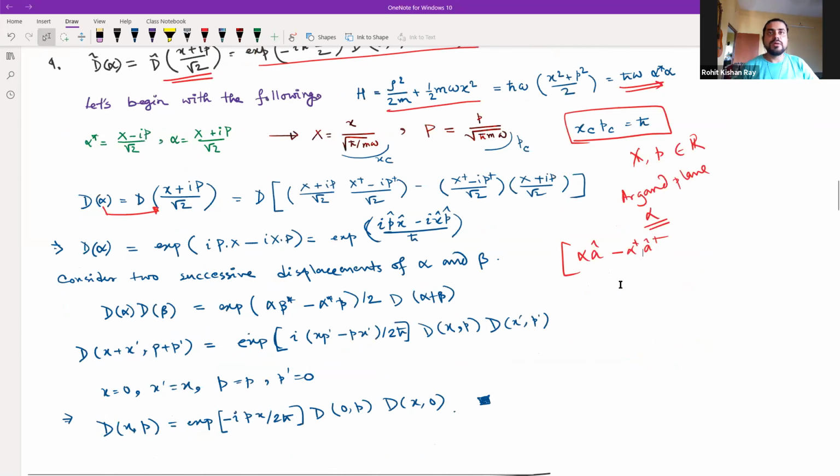If you have a relation like this, we know alpha can be written in this form, and we know a and a dagger have been written in terms of x and p. So we put those values here.